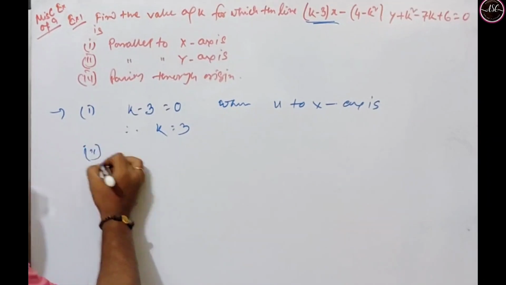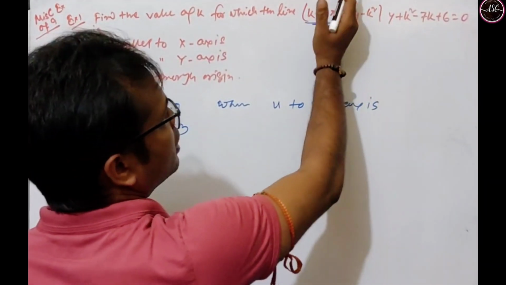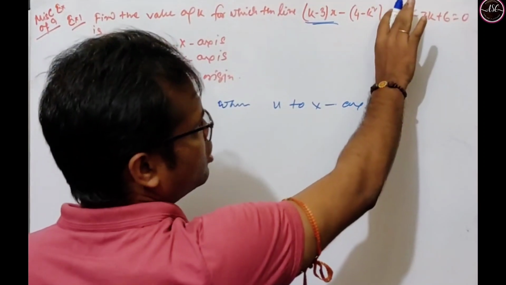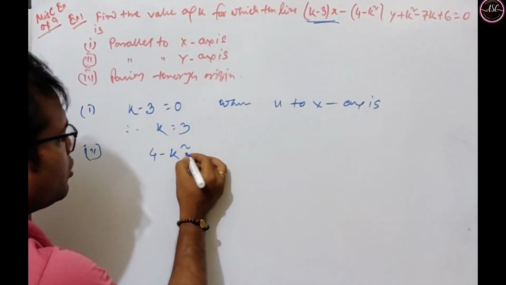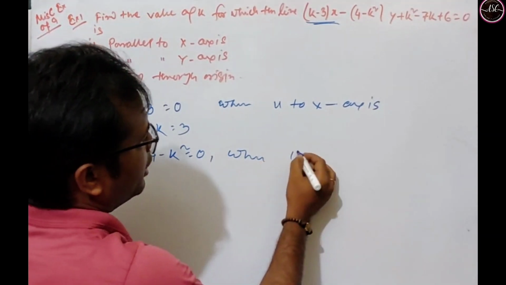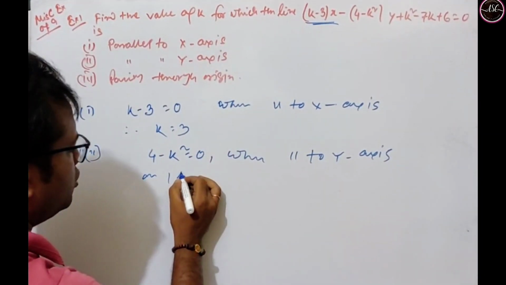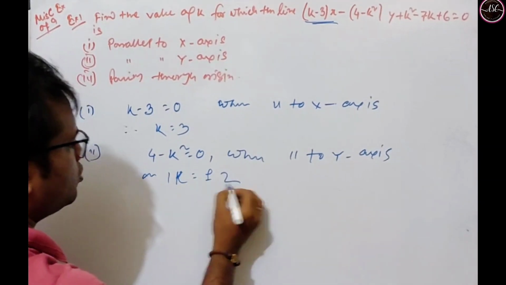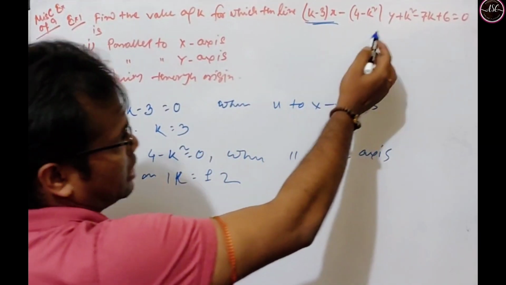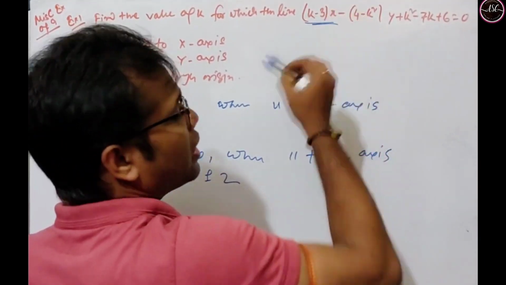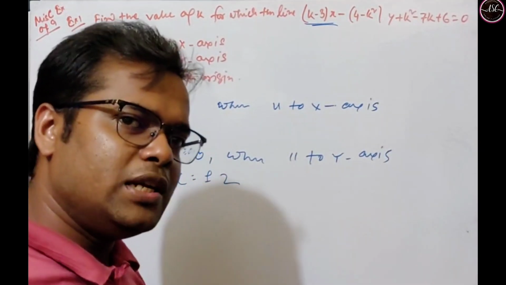And for this 2, similarly when parallel to the y axis, this part is not there, and this is the 0 part. So 4 minus k square equal to 0 when parallel to the y axis, or k equal to plus minus 2. Okay, and for this 3, passing through origin: just put x equal to 0 and y equal to 0, as the coordinate of origin is (0, 0).